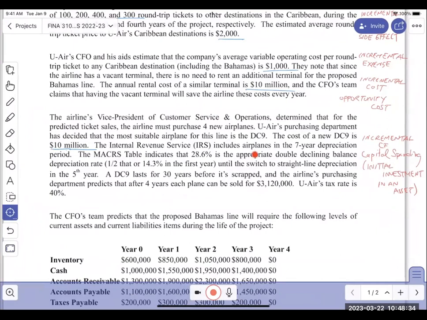So you need to use this to find depreciation in each year and calculate the cash flow savings, and that will be incremental. So tax savings, which I will call a tax shield, or tax shields in each year, are incremental.